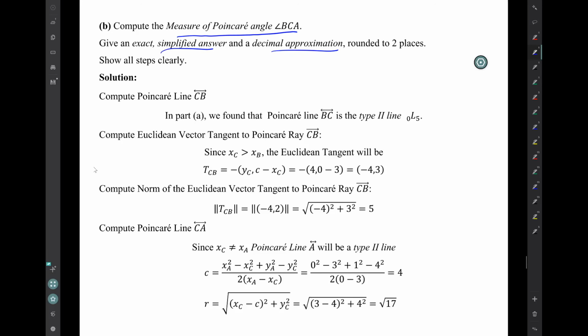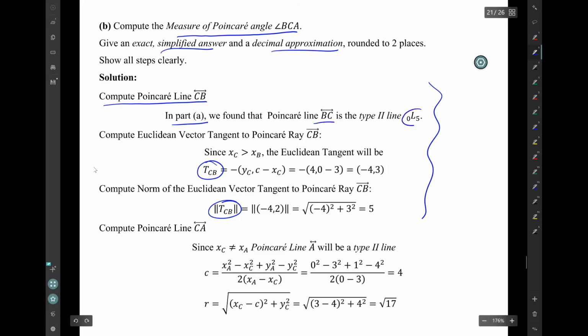In the first few lines, I find this Euclidean tangent vector and its norm. To do that, I first have to figure out Poincaré line CB. It gets easier as you go along, because we already found in part A that Poincaré line BC is this type 2 line.